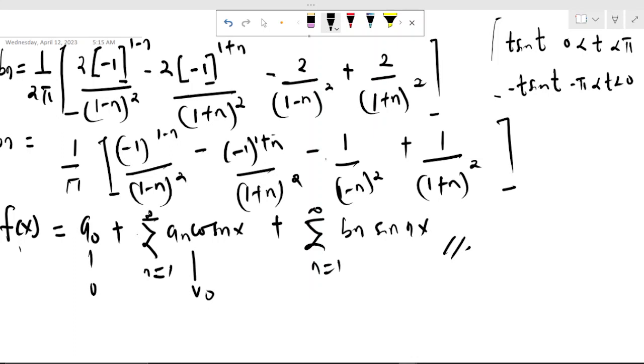Now, taking the entire bn and plugging it here will be very wrong. So what can we do? Let's find the values of bn for n equal to 1, 2, 3, and 4. Let's see if we find the pattern.